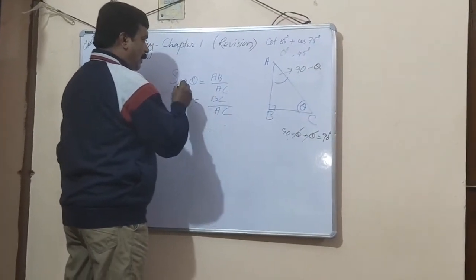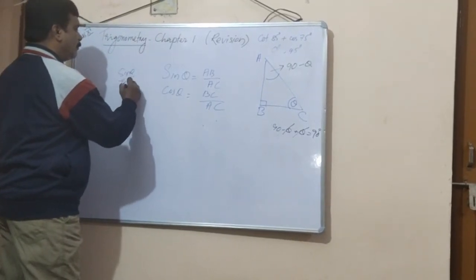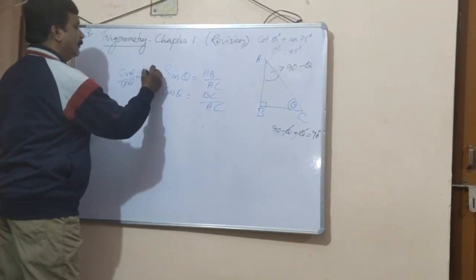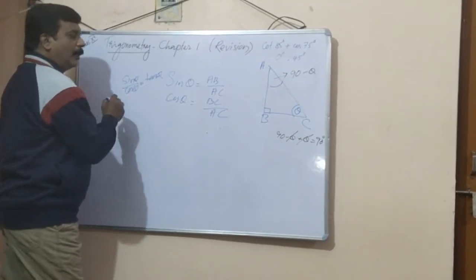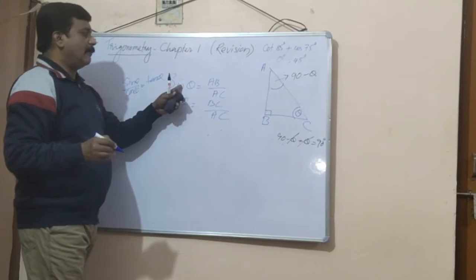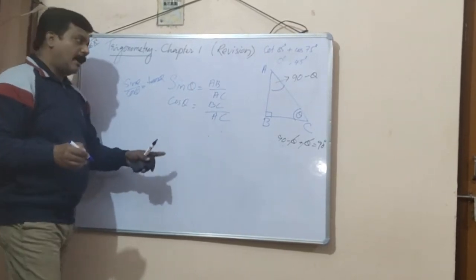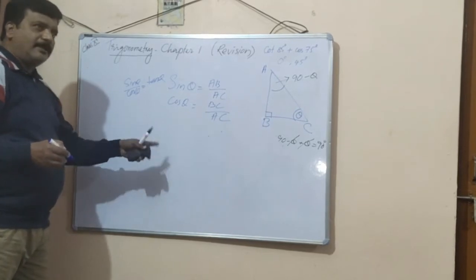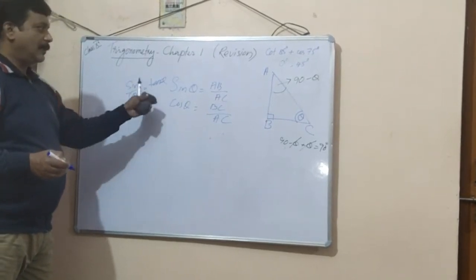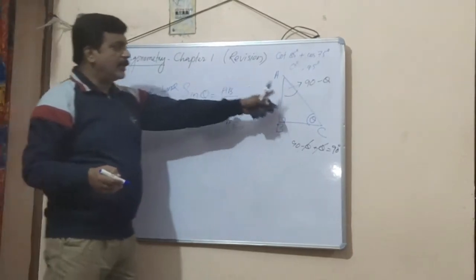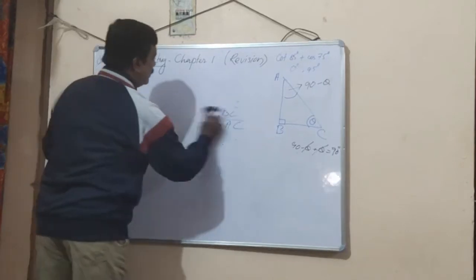See, now sin theta by cos theta is tan theta, or cos theta by sin theta will be cot theta, or 1 upon sin theta will be cosec theta, 1 upon cos theta will be sec theta, and 1 upon tan theta will be cot theta, and 1 upon cot theta will be tan theta. Using these formulas, you can get all the ratios here. Okay? Well, you know all these things.